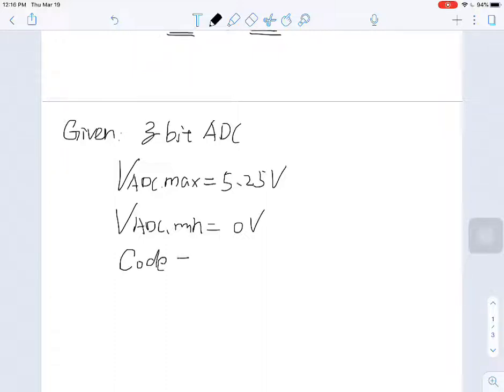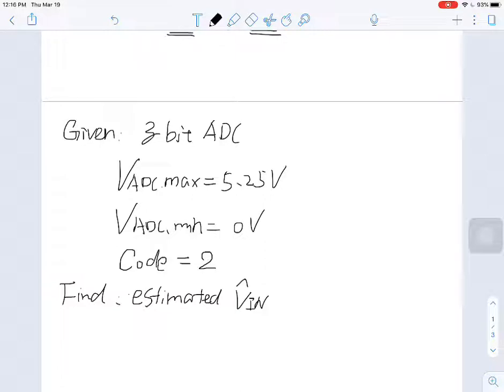We know code equals 2, a decimal number 2. And we need to find out what is the estimated V in. We add a hat, so it's V in hat, to tell ourselves this is the estimated analog voltage signal.